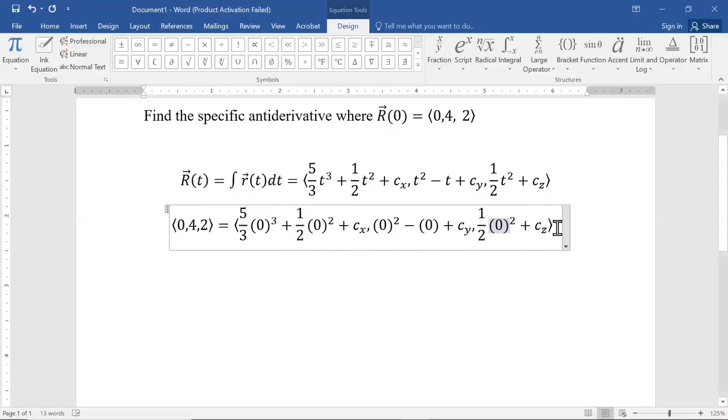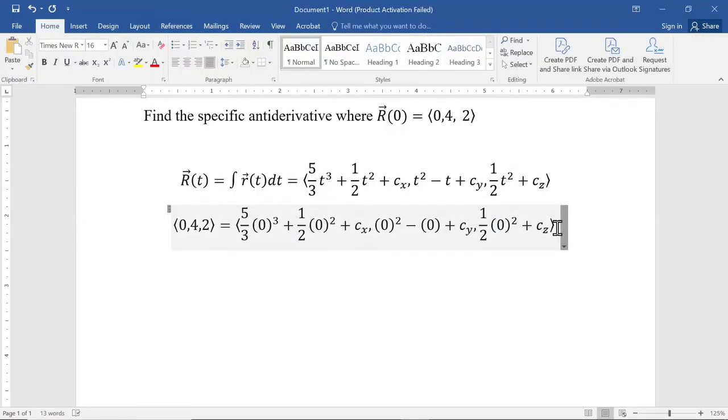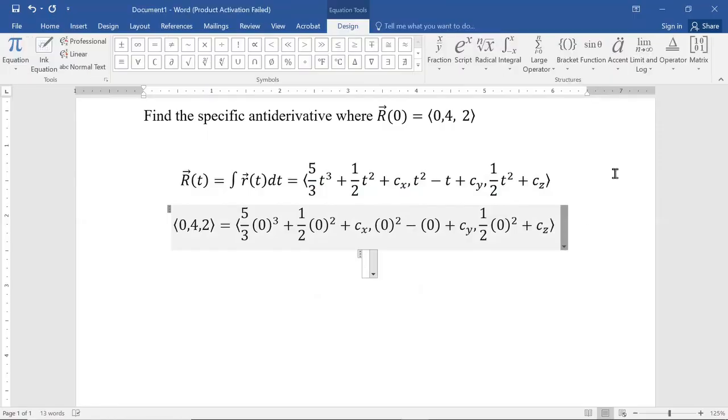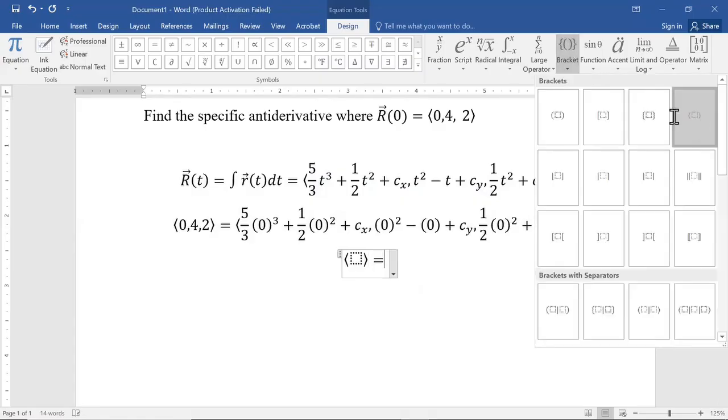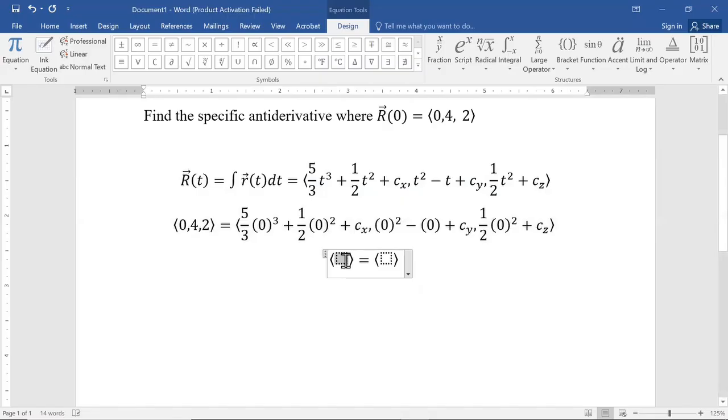We're going to end up with 0, 4, 2 equaling my constant in the x component, my constant in the y component, and then my constant in the z component.